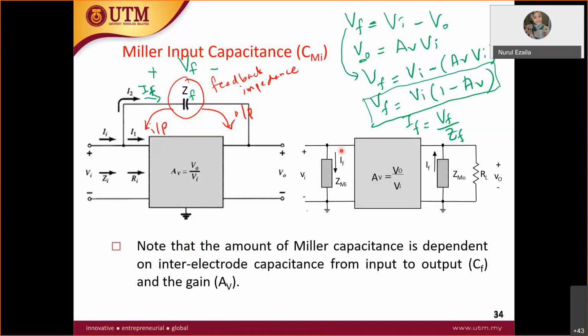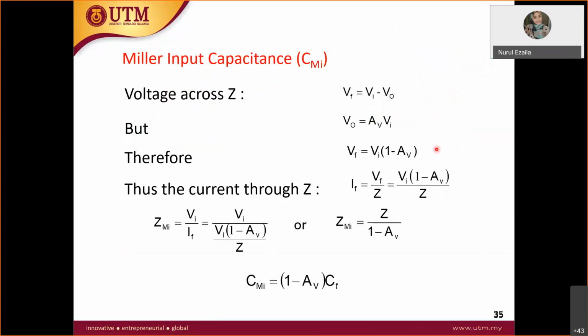The current here is IF because this impedance has been split into two. The current flowing here is also IF, because initially this was the feedback impedance. So IF goes down here, and at the output IF goes out.